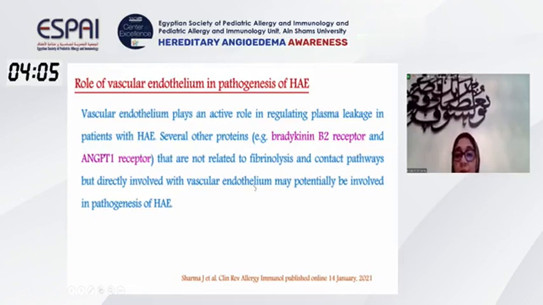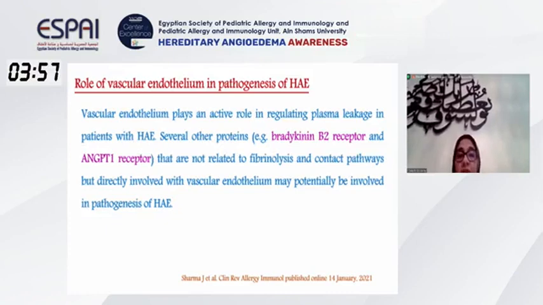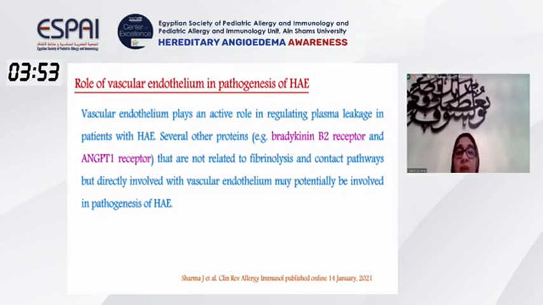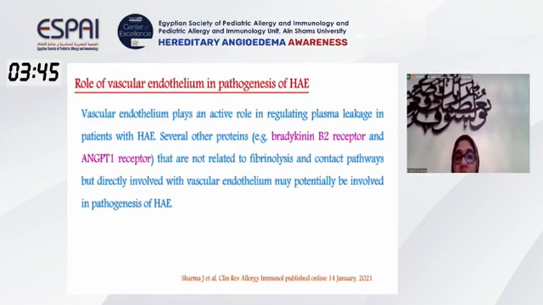And this is very important as it can open a door into knowing the different and other pathophysiological mechanisms of hereditary angioedema, aiming for tailoring specific treatment for each disorder of this broad spectrum disease with broad spectrum underlying mechanism.